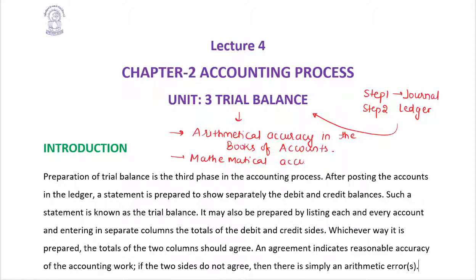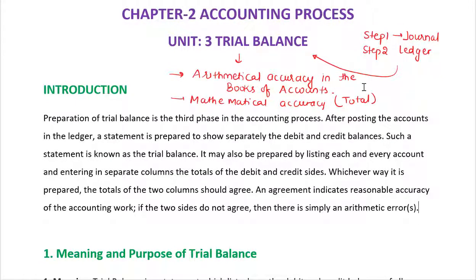That means accuracy in terms of totaling, totals.